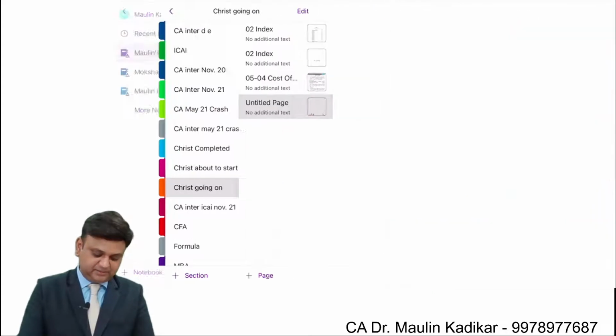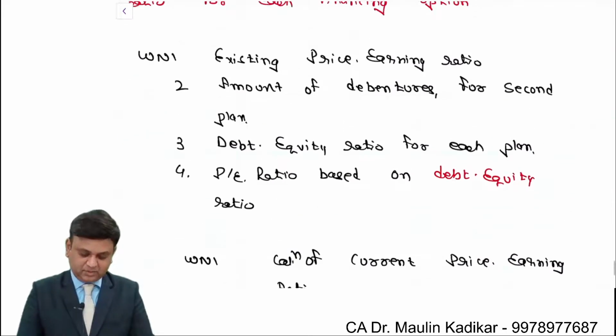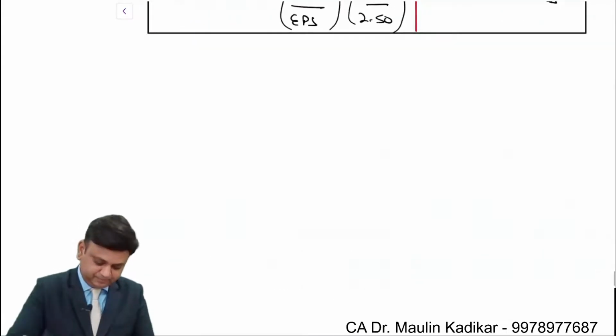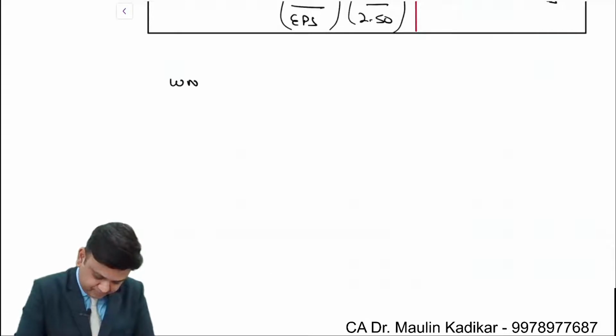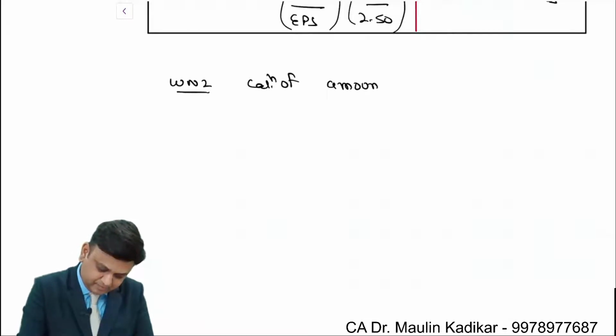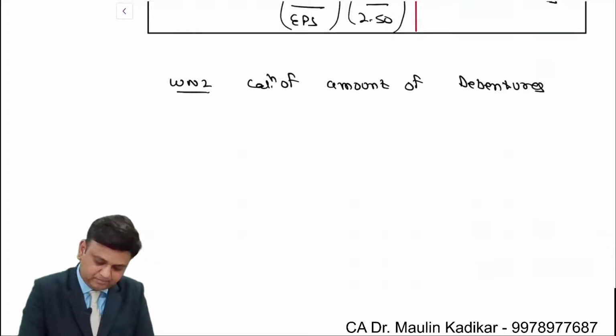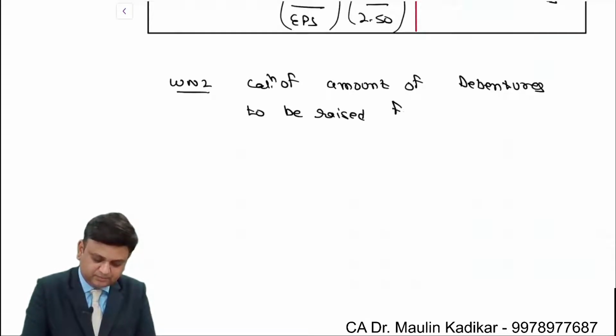Now next is the working note number 2. Calculation of amount of debentures to be raised for second financial plan.